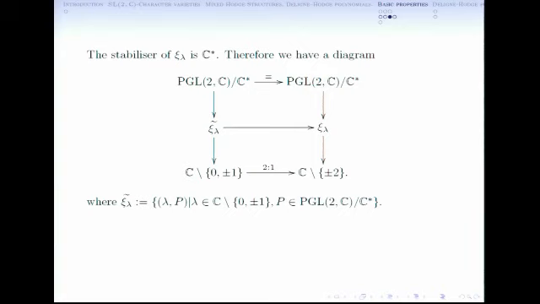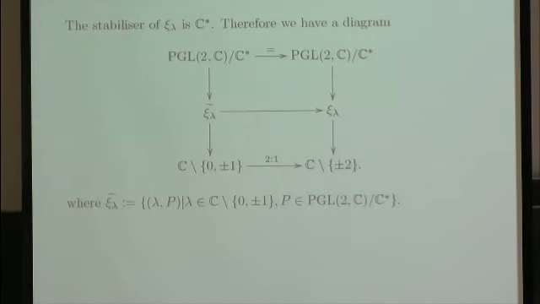This is a covering of our diagonal matrices. Here we send lambda p to p times, sorry, this should be C lambda. No, okay, now this is lambda p, and then here, let me write it.